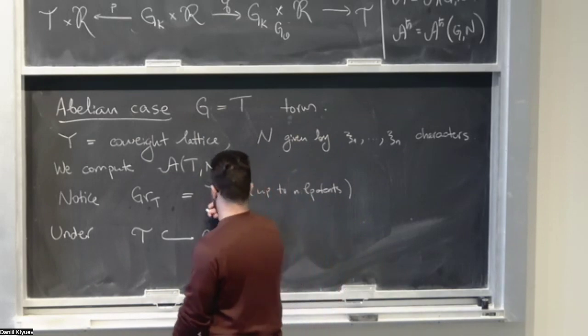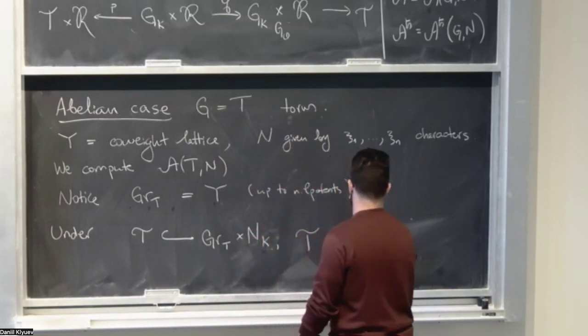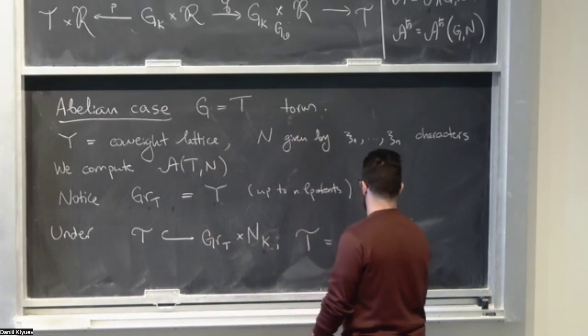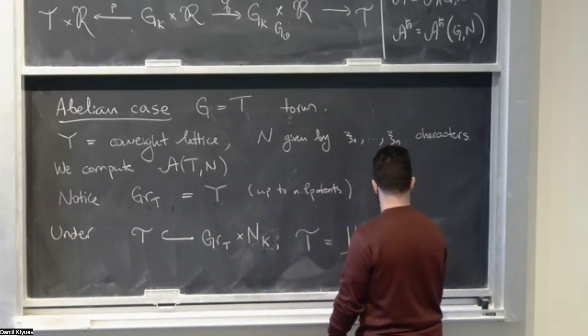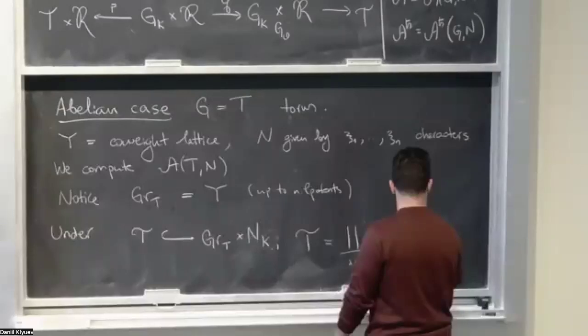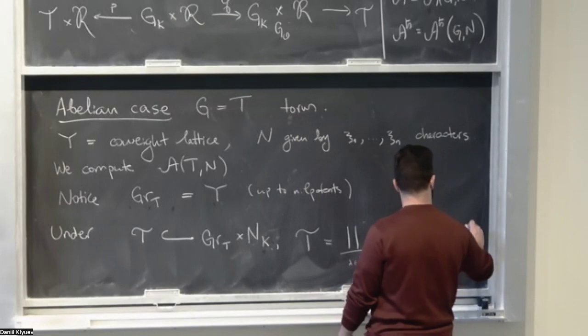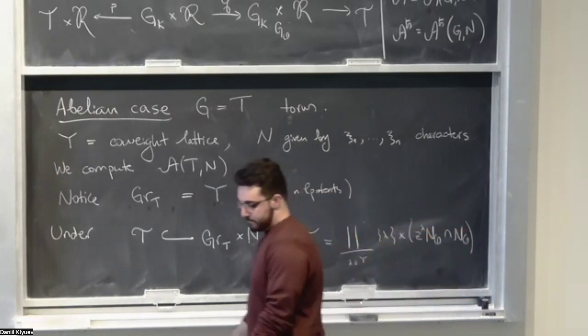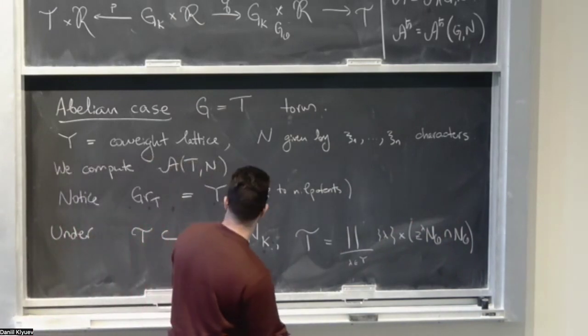We get that T is the disjoint union over lambda of points times something, everything up to reduced.